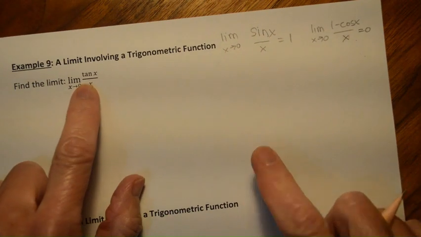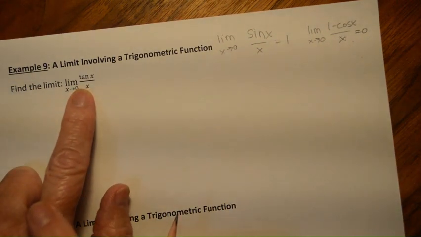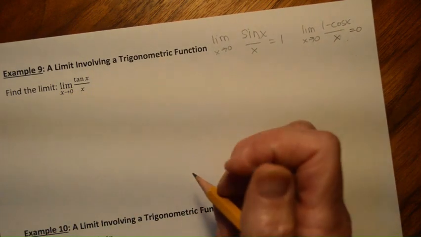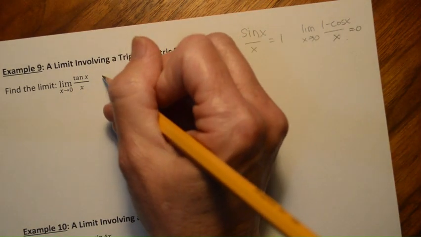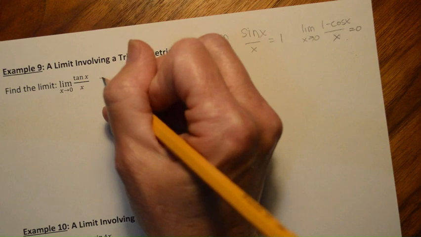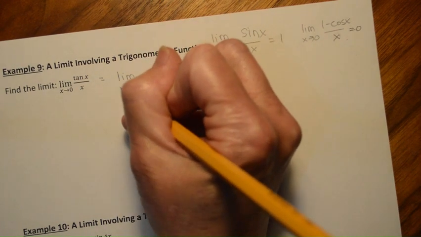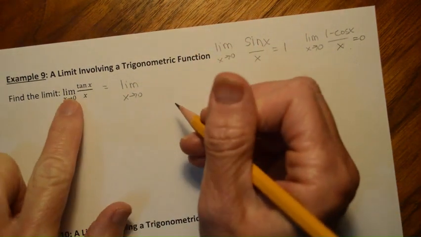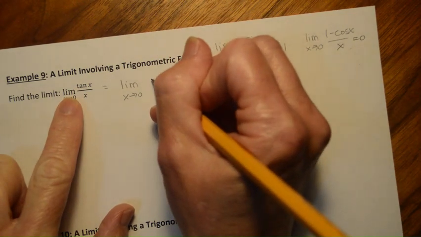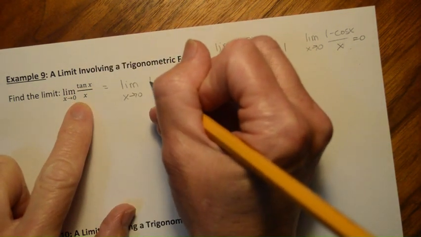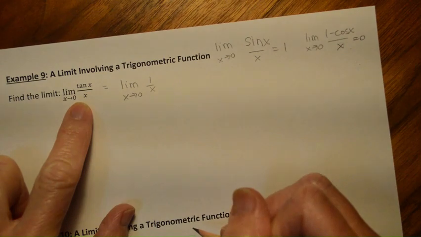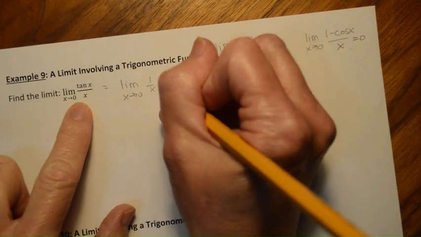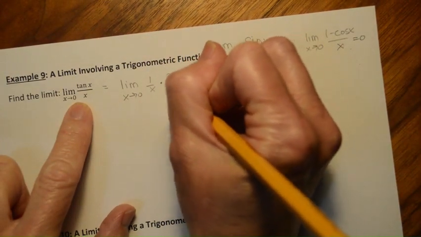All right, so tangent, darn, that's not one of them that we have. So let's just think about what we can do. I know that tangent is sine over cosine. So first of all, let me write this x right here as 1 over x. And then I'm going to write tangent as sine x over cosine x.